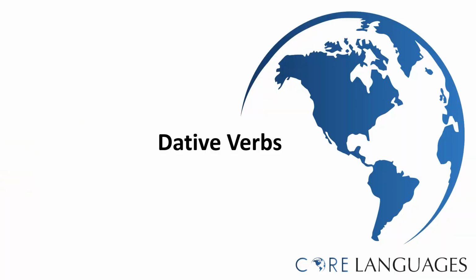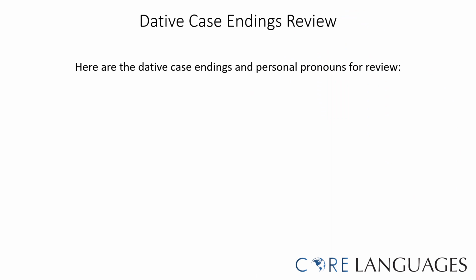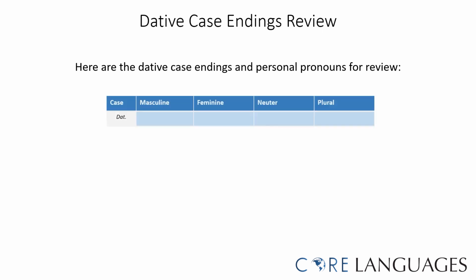Dative verbs. Before we look at some dative verbs, it is important to remember the dative case endings for articles, both definite and indefinite, and personal pronouns in the dative case. If a noun that is masculine is in the dative case, the article changes to dem and einem. For example, der Kaffee turns to dem Kaffee or einem Kaffee.